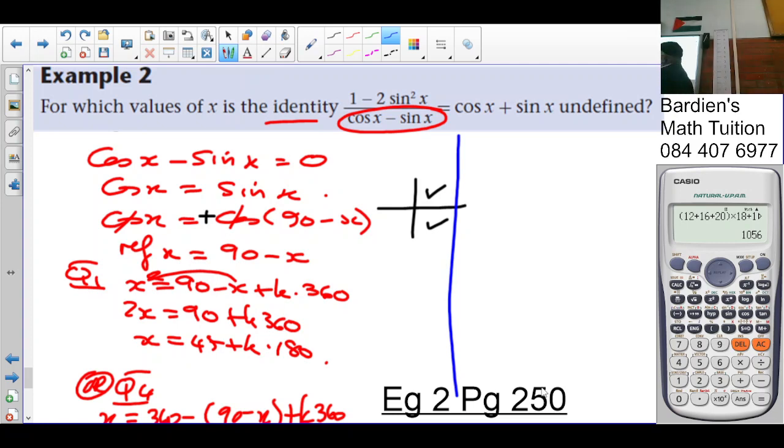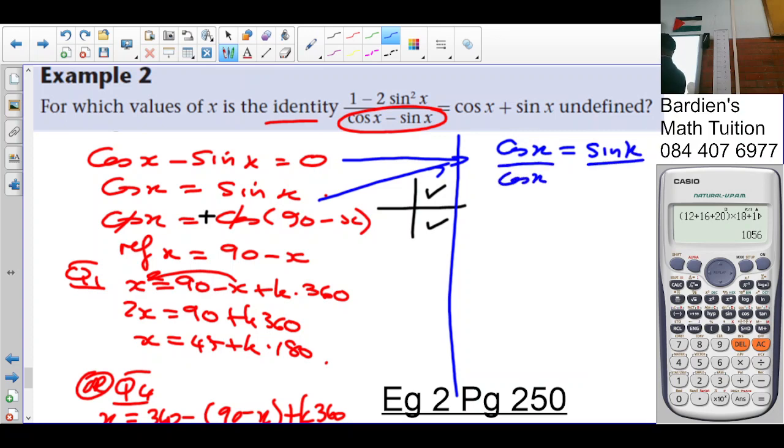We could have said, taking it from this point, we got cos of x equals sine of x. So I could have divided both sides by cos. Why? Because the angles are the same. So this is tan of x is equal to 1.